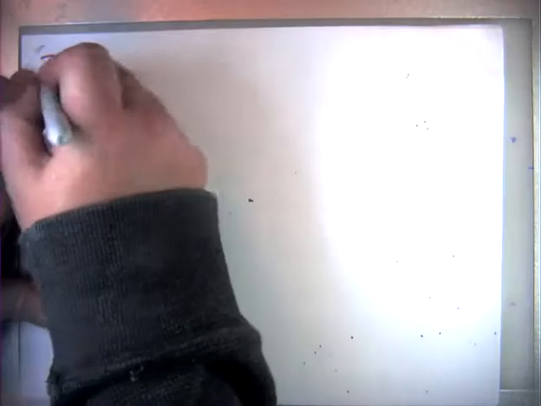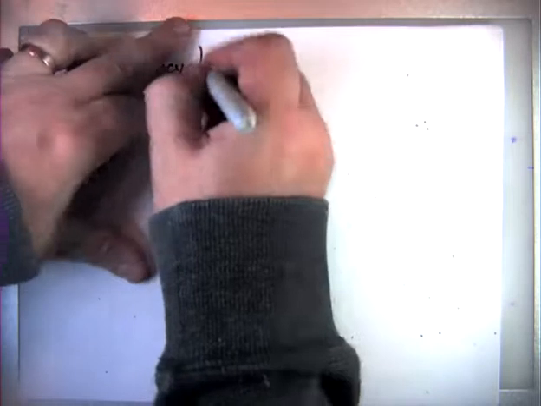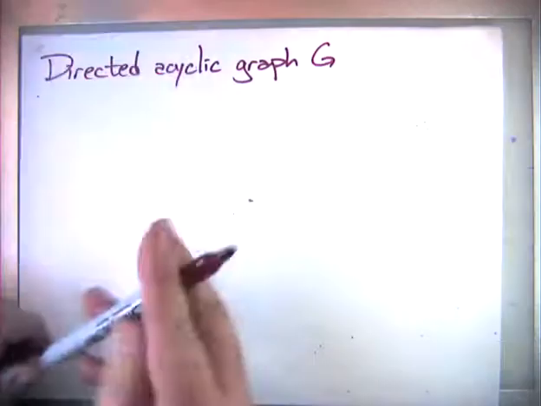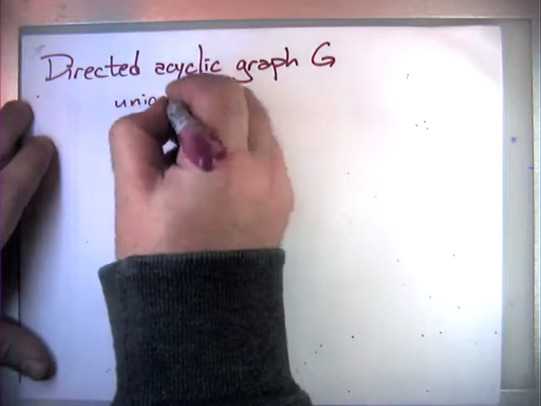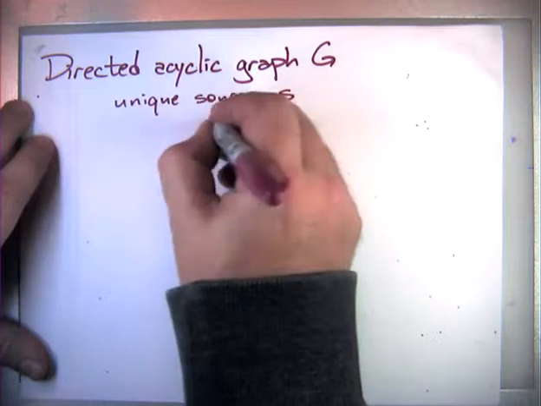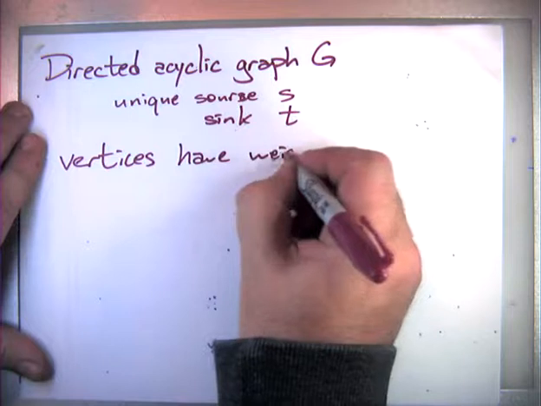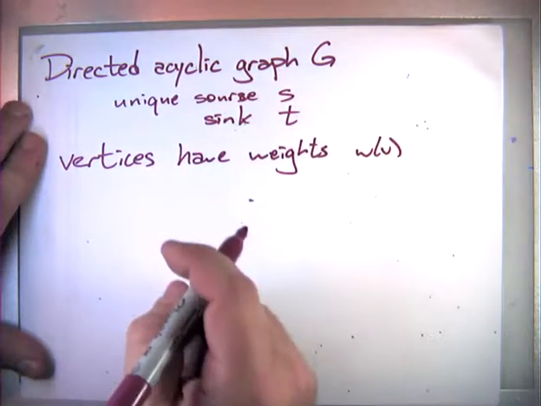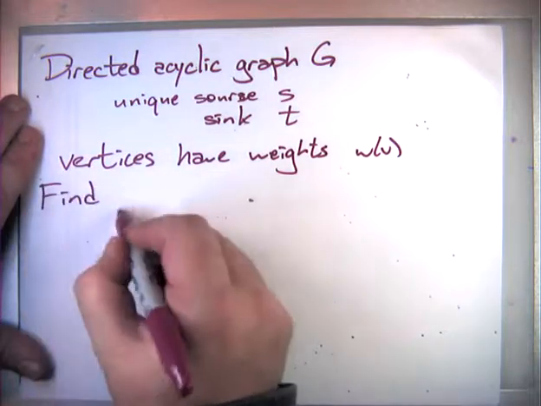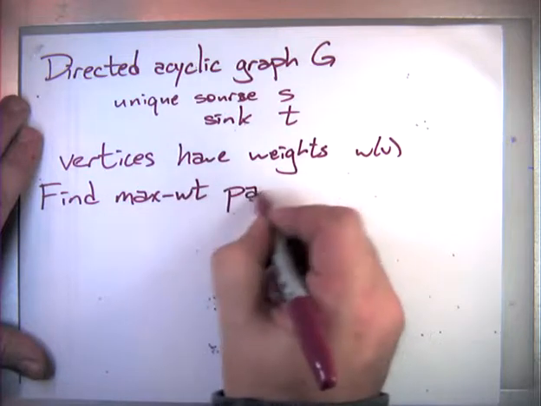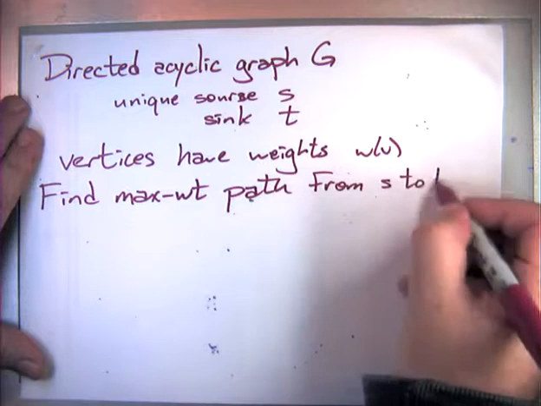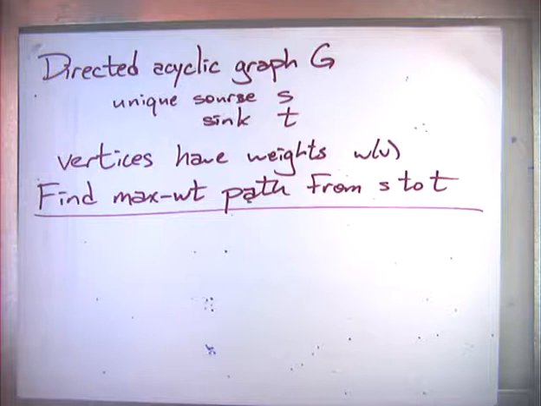Okay, can you tell me the problem? So: directed acyclic graph, unique source S, unique sink T. Find the maximum weight path from S to T. Okay, so when you see the words directed acyclic graph, what does your hand immediately write without you even thinking about it on the exam?